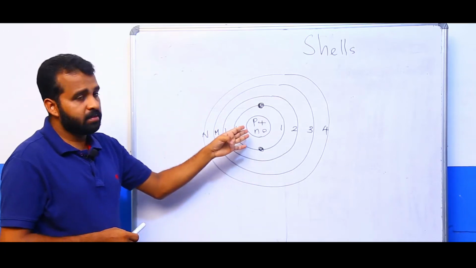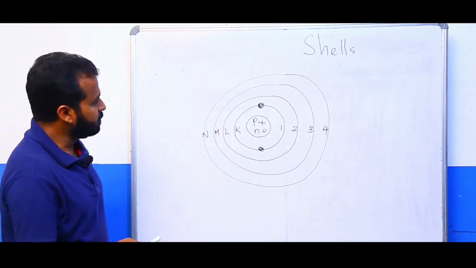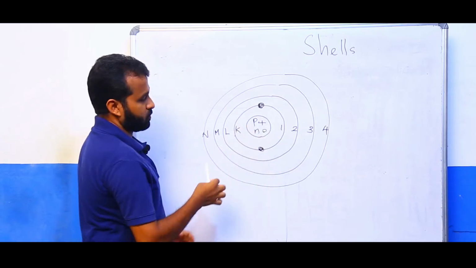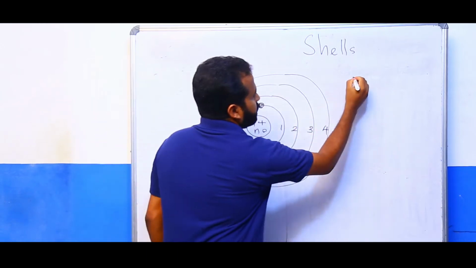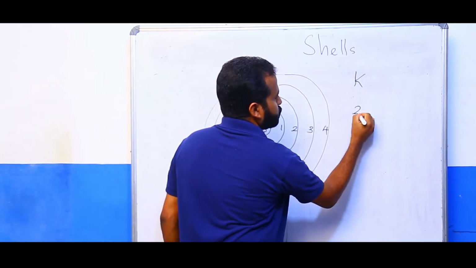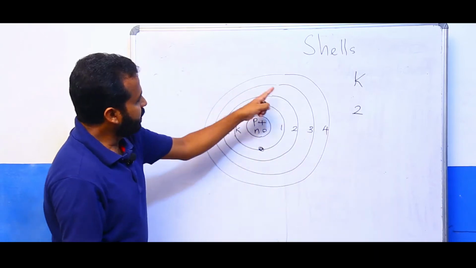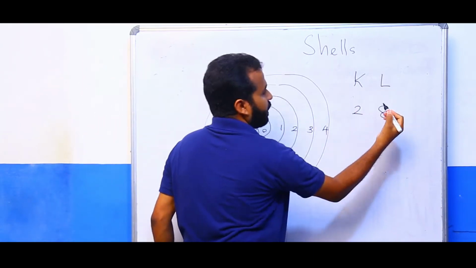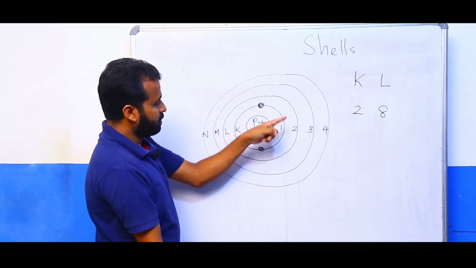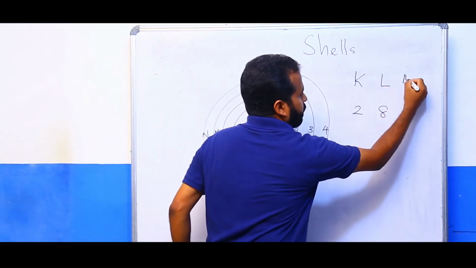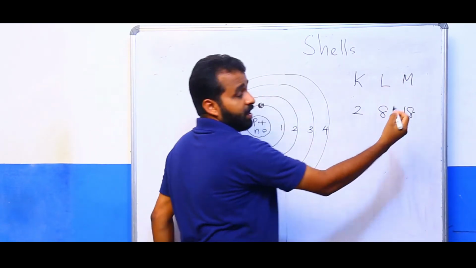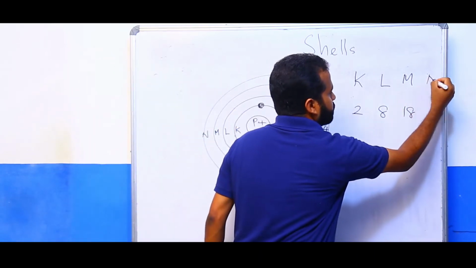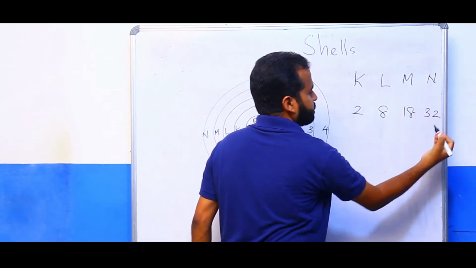Again, we look at the picture. The first shell, the K shell, has 2 electrons. The second shell, the L shell, has 8 electrons. The third shell, the M shell, has 18 electrons, and the last shell, the N shell, has 32 electrons.